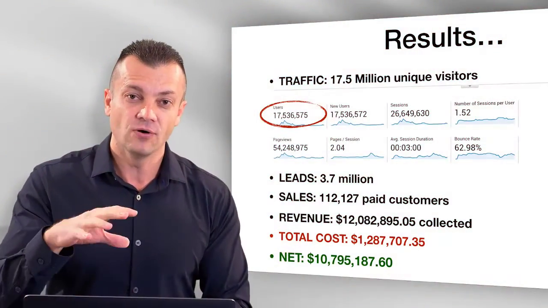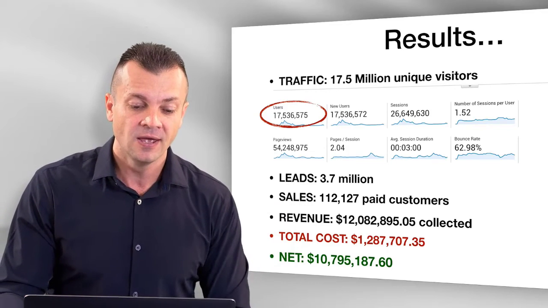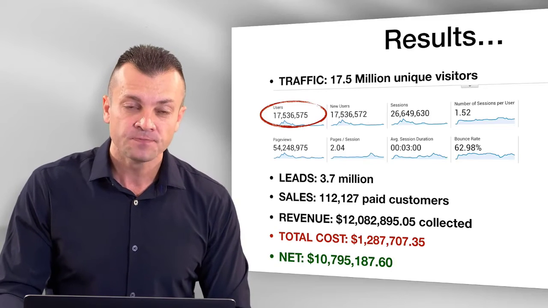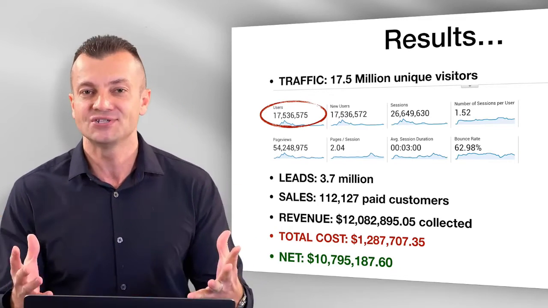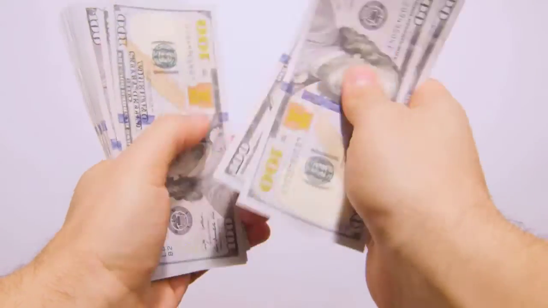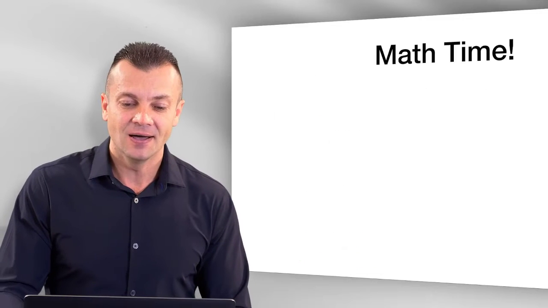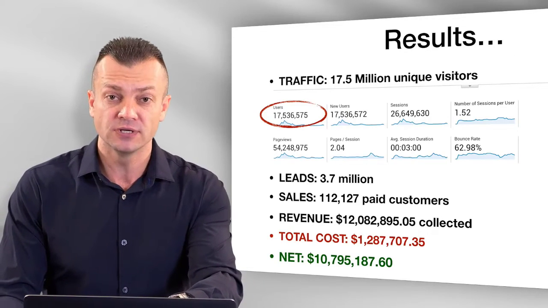It gets better. That crowd produced for us in this particular campaign over 112,000 paid customers, for over $12 million in revenue generated. Now, the big question is, Vic, you probably spend a fortune to get these. Well, depending how you look at it. Let's do some math on it. Before we do the math, here is what it cost me for this particular campaign.